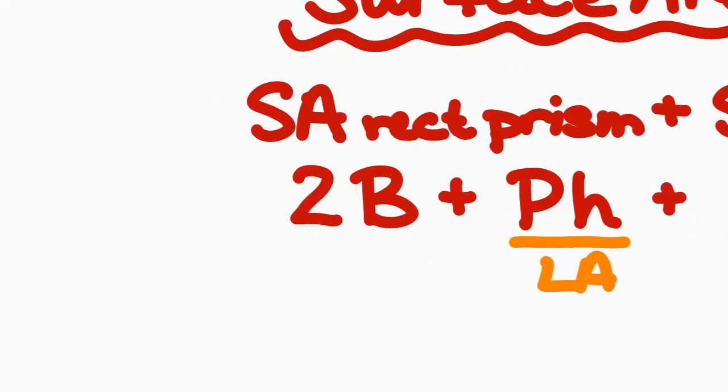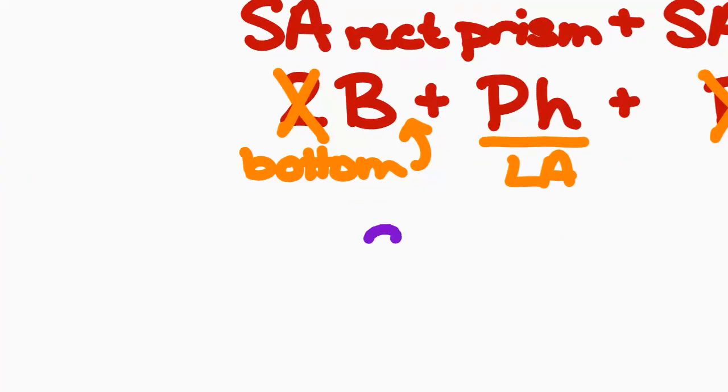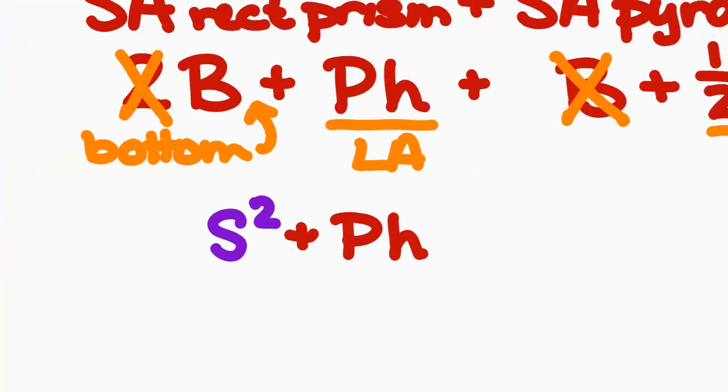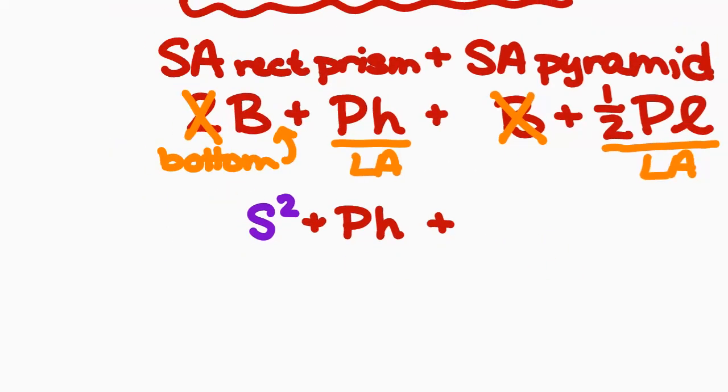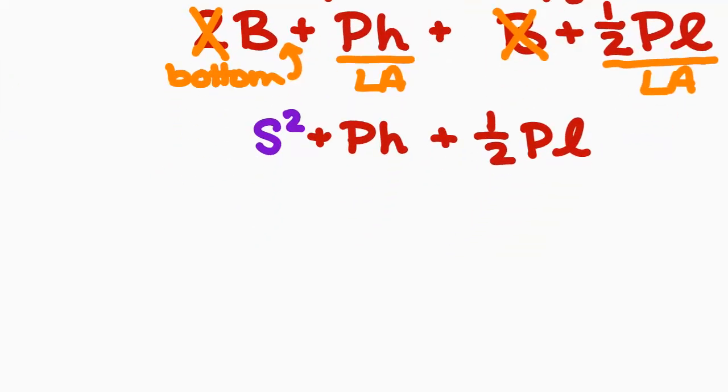And so over here with my rectangular prism, we only have 1 base that we need the area of. That's just the bottom.